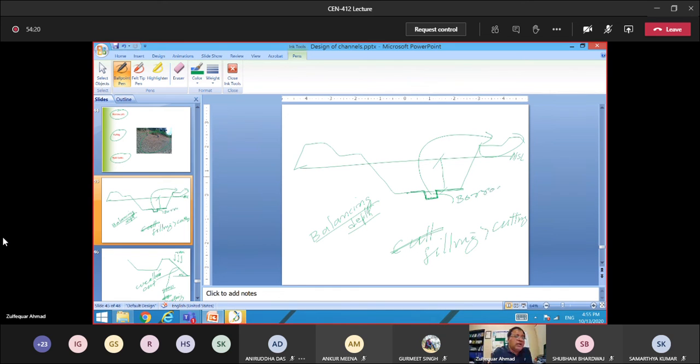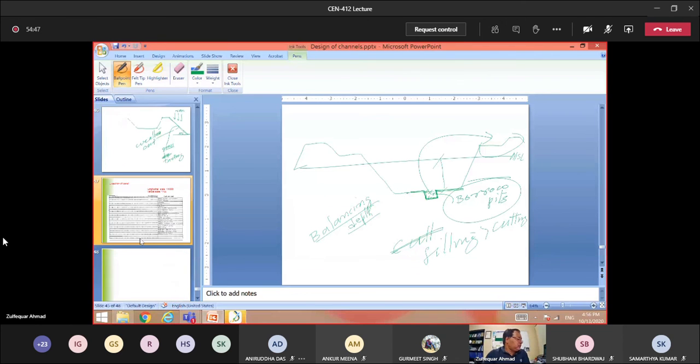Once the canal runs, the canal always carries some sediment. That sediment will fill this borrow pit. So in that case, of course, you can save money here. Otherwise, you have to take the material from some other places, and that will be a cost. The borrow pits are provided in the center of the canal.